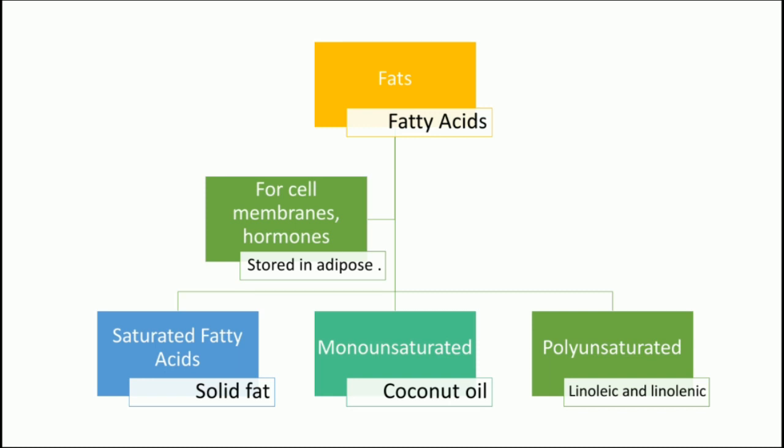The examples given: saturated fatty acids like the solid fat which we obtain from milk, then monounsaturated fat like coconut oil, and for polyunsaturated fatty acids we can see sunflower oil, safflower oil. So these are examples of polyunsaturated fatty acids. And there are certain essential fatty acids, like we have done for essential amino acids.